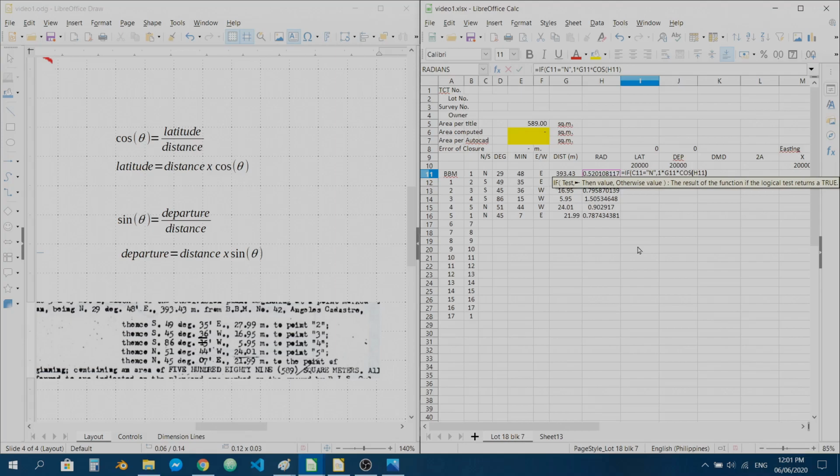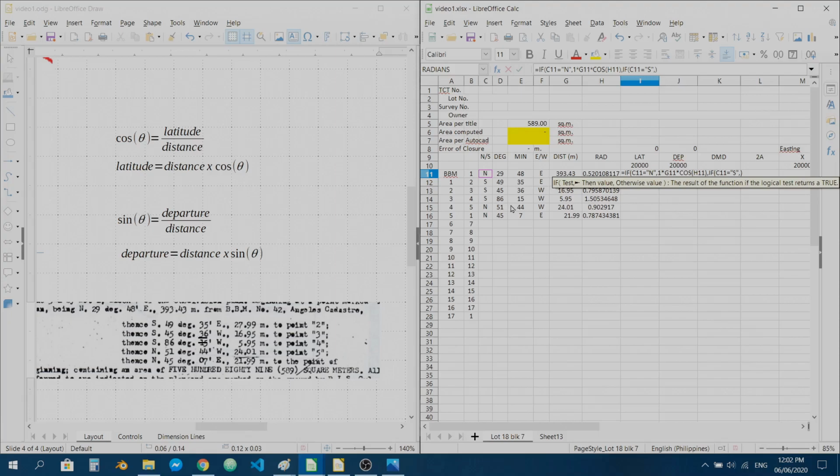What if it's not? Let's say if this one is equivalent to south, that's the syntax.